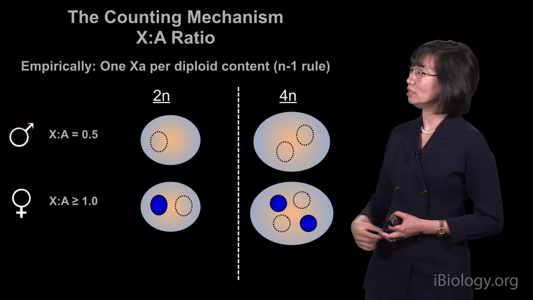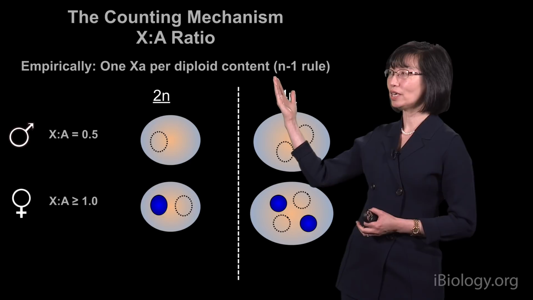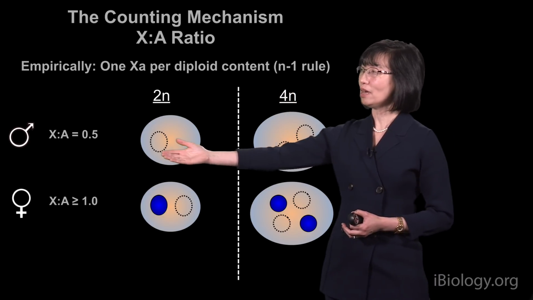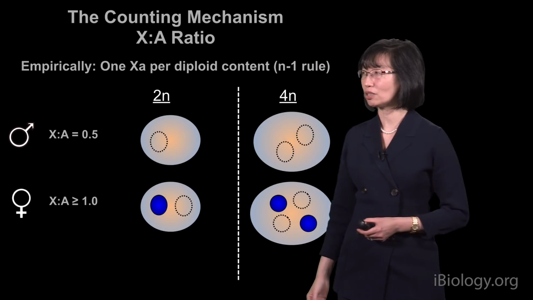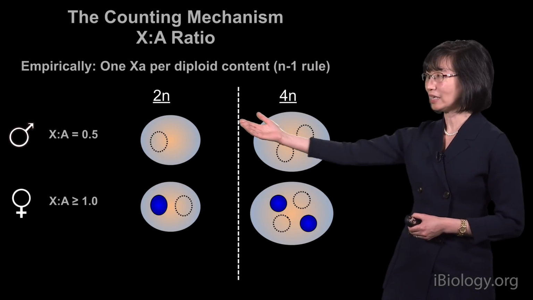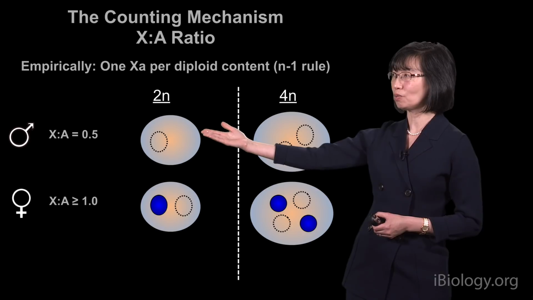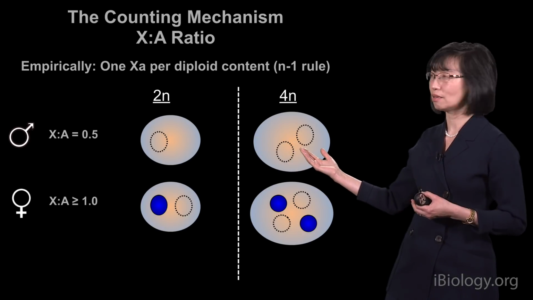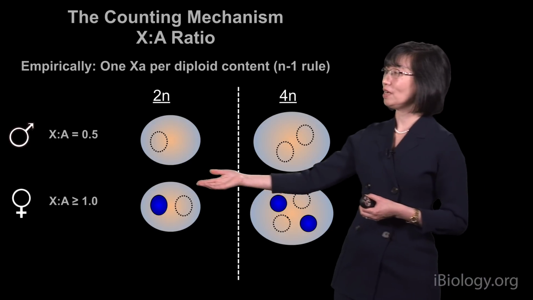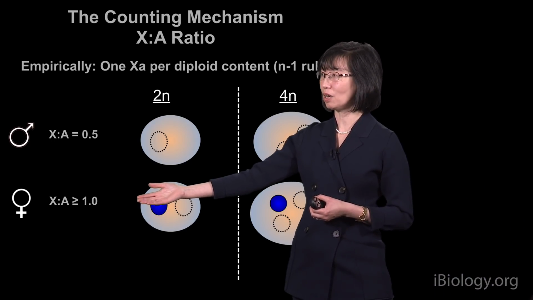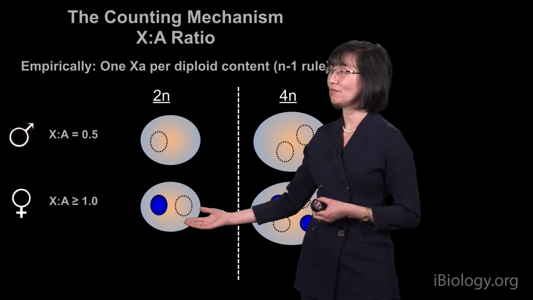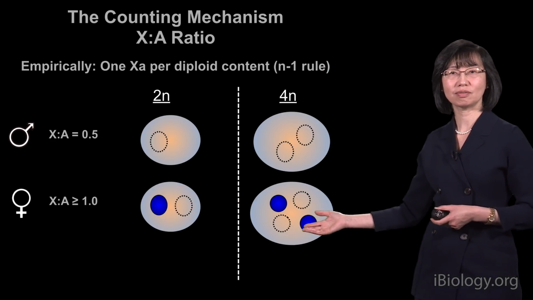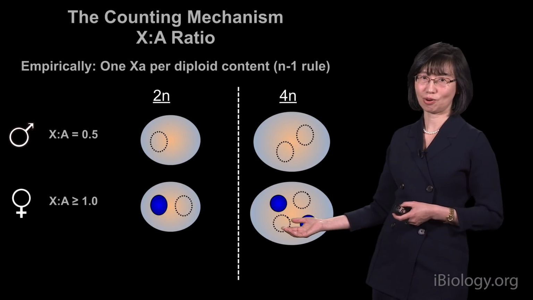And we also mentioned that cells follow the n-1 rule per diploid content, so that males who have an X to autosome ratio of 1/2 will not inactivate any chromosomes regardless of whether it's diploid or tetraploid with twice the genomic content, whereas the female with an X to autosome ratio of 1 will inactivate 1 of her 2 X chromosomes, and if she's tetraploid, she'll inactivate 2 out of those 4 X chromosomes.